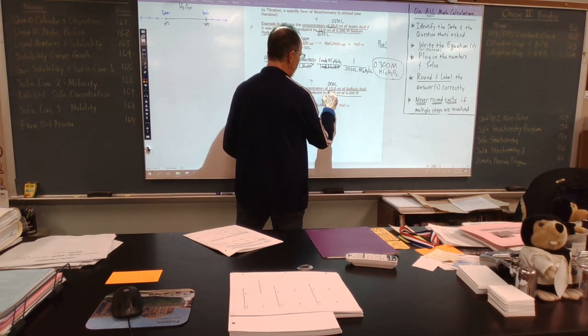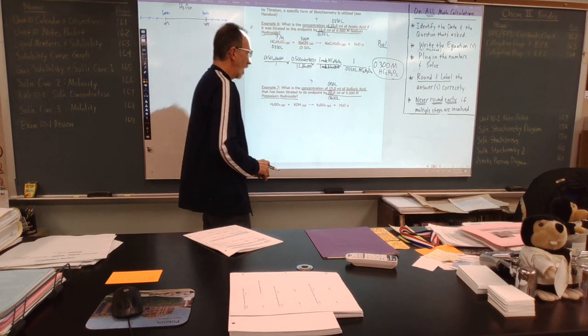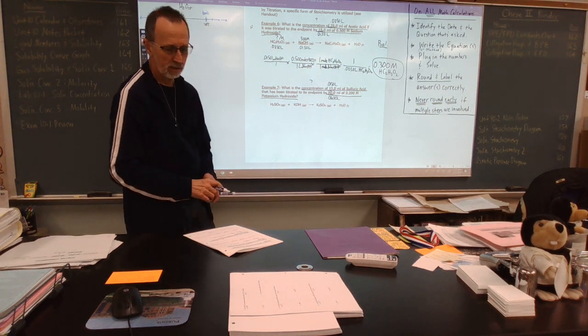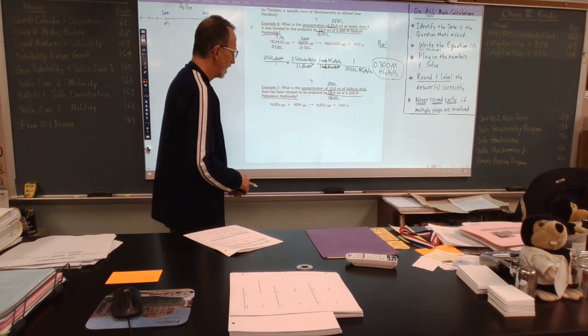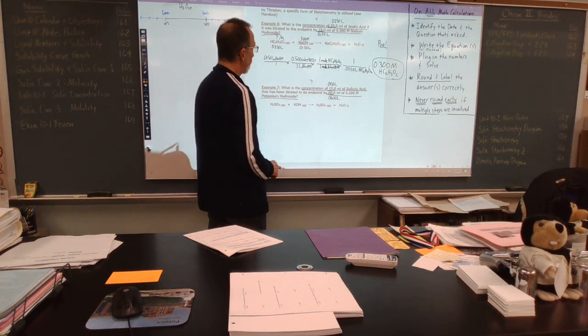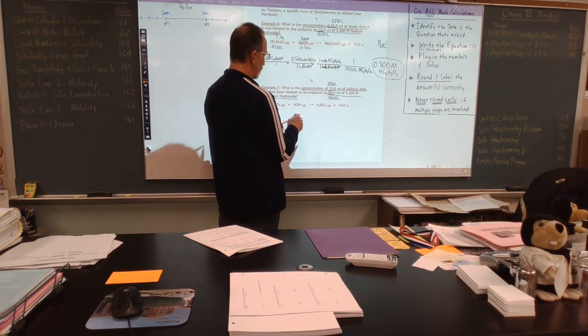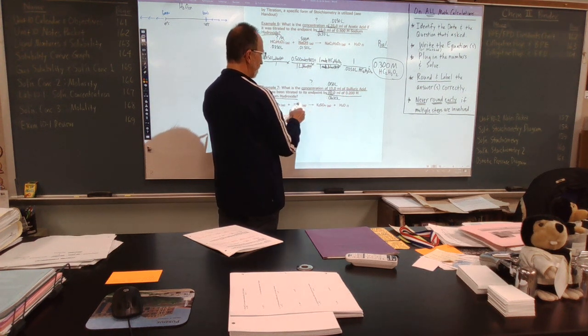So in liters in volume, 0.0600 liters and 0.200 molar. So again, if we identify what we have here, we have a concentration of our potassium hydroxide, 0.200 molar. We have its volume, 0.0600 liters.